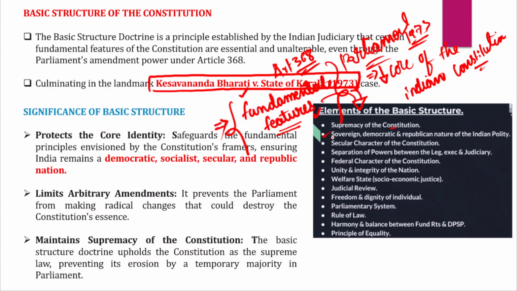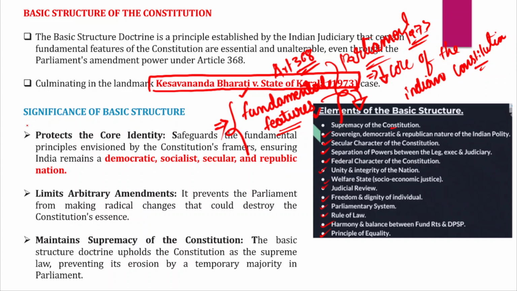Apart from that, the sovereign, democratic and republic nature of the Indian polity, secular character of the Indian Constitution, separation of powers between the legislature, executive and judiciary, federal character of the Constitution, unity and integrity of the nation, welfare state, judicial review, freedom and dignity of the individual, parliamentary system, rule of law, harmony and balance between fundamental rights and directive principles of state policy, and the principle of equality. So these are the elements of the basic structure doctrine.